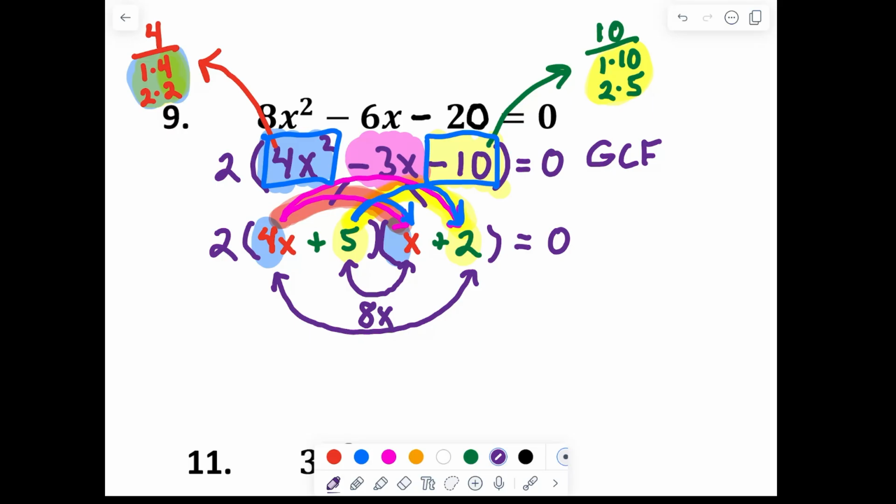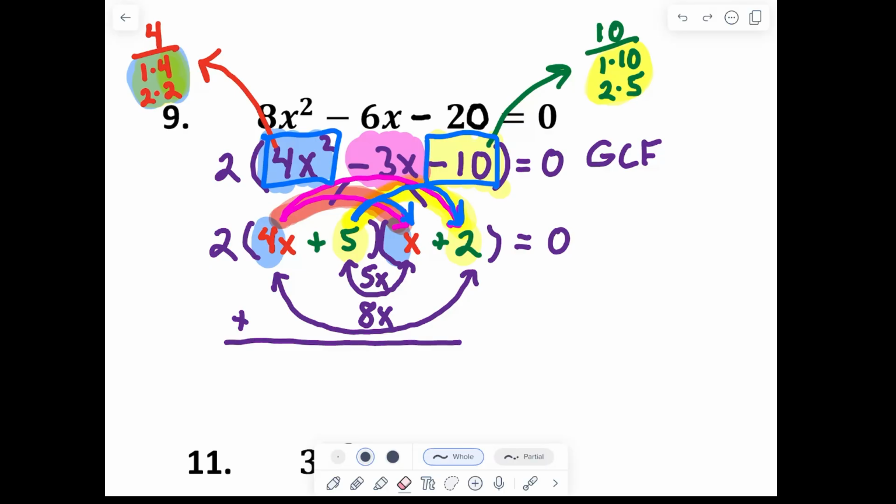When we multiply, that is the outside terms, the O of FOIL, or when we multiply the two inside terms, the I of FOIL, so the O and the I of FOIL, when we multiply those, each one of those is going to have an x in it, and those will combine to form our middle term here. Okay?